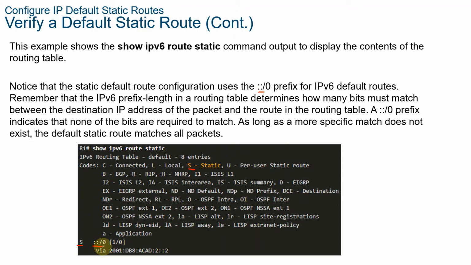Remember that the IPv6 prefix length in the routing table determines how many bits must match between the destination IP address of the packet and the route in the routing table. The ::/0 prefix indicates that none of the bits are required to match. As long as a more specific match does not exist, the default static route matches all packets. Another distinction from IPv4 is that we don't have an asterisk here on IPv6.